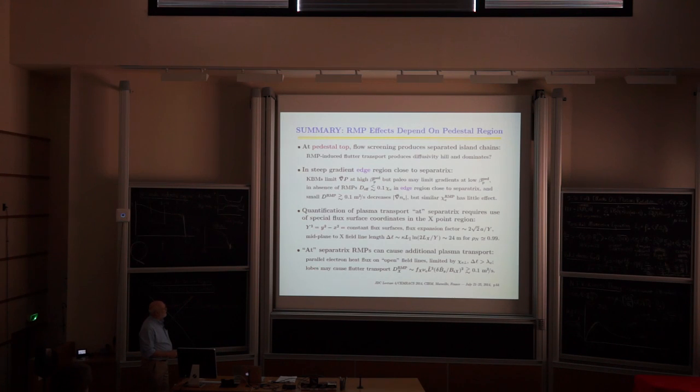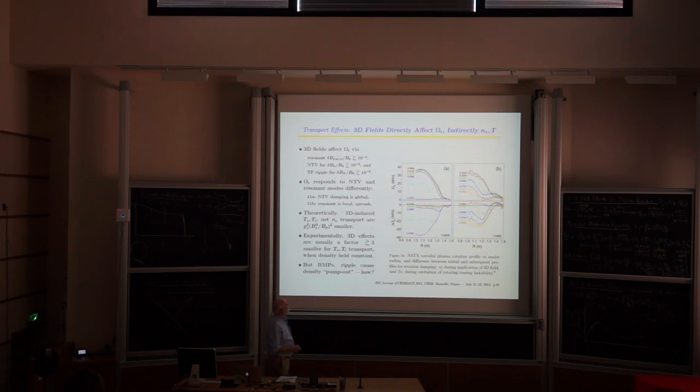And these homoclinic tangles or something may cause additional transport of about the right level to explain that density pump out at the edge. And the experimentalists are harassing us pretty hard. Give me a formula that they can test. And any formula that has more than about 3 parameters in it, they don't want to see. So you have to kind of simplify it. But anyway, and then do more details.